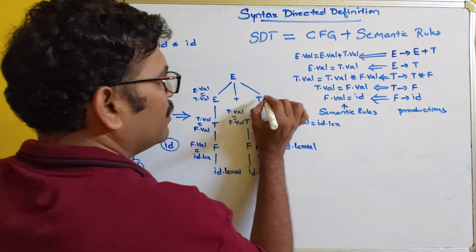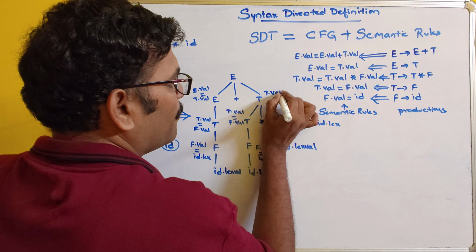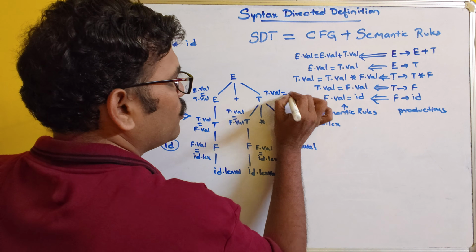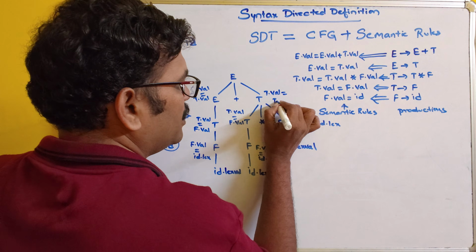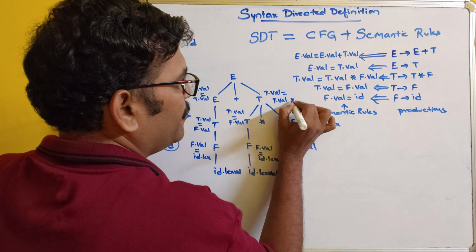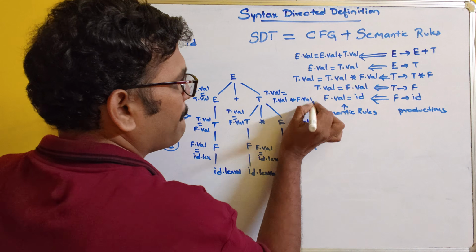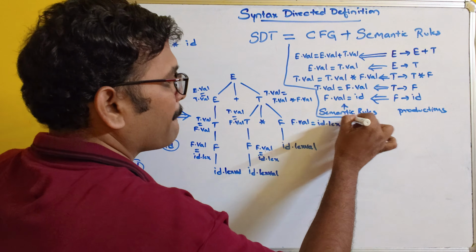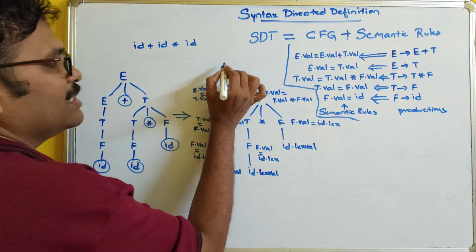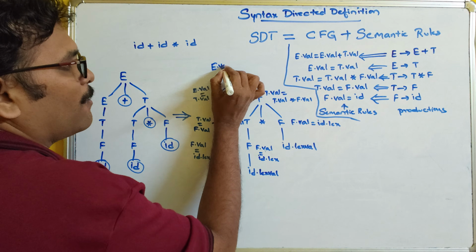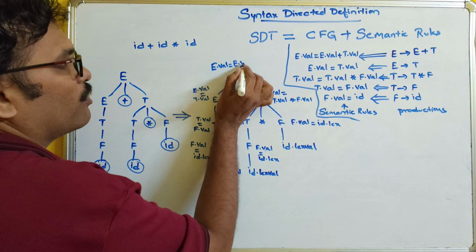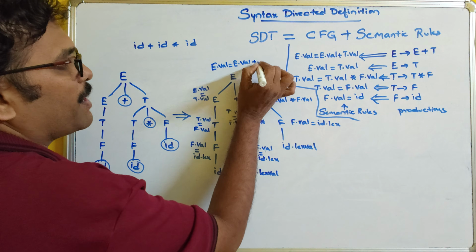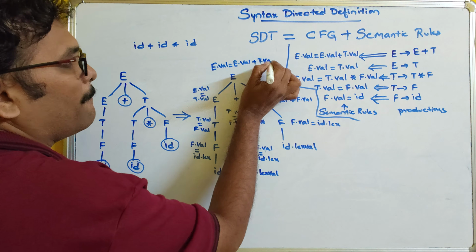Okay, and here T dot val is equal to T dot val into F dot val. And this E dot val is equal to E dot val plus T dot val.